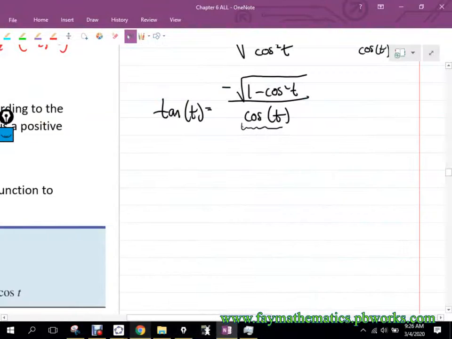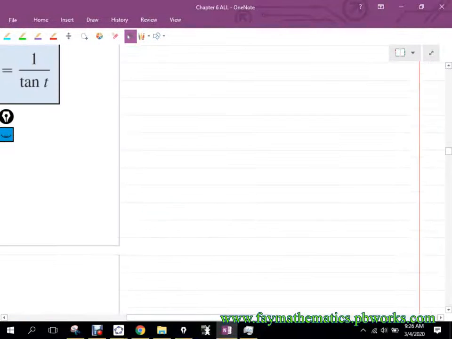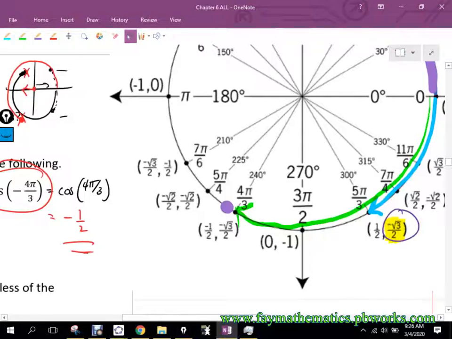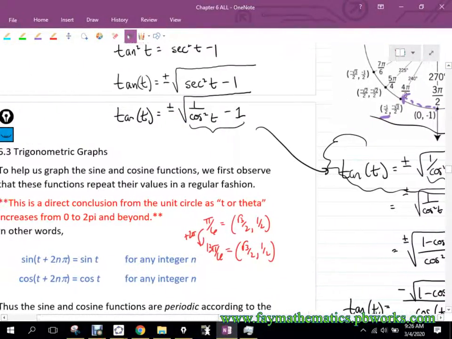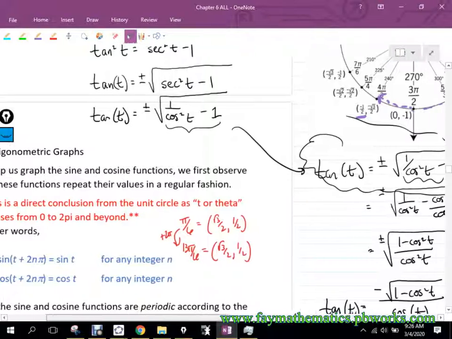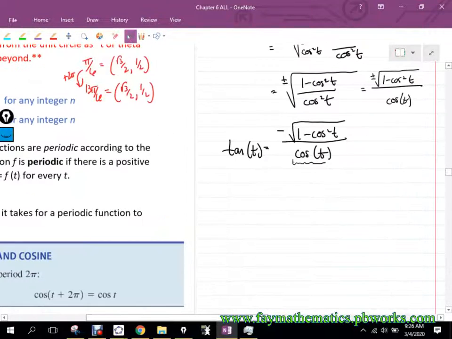So the reason I show you, so you could have typed, and this is just WebAssign, and remember WebAssign's not the end all be all, you could have typed that in right there, keeping the positive version. But most of the things that we do are going to want us to go this far.